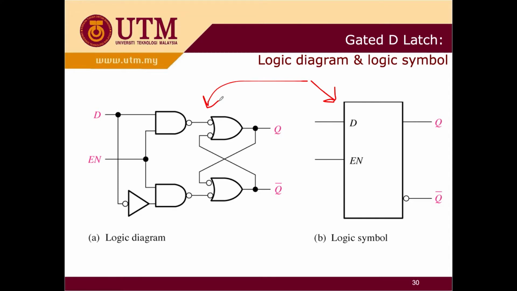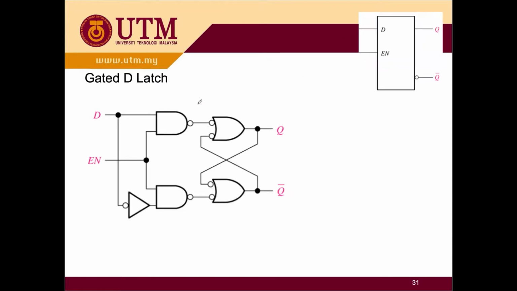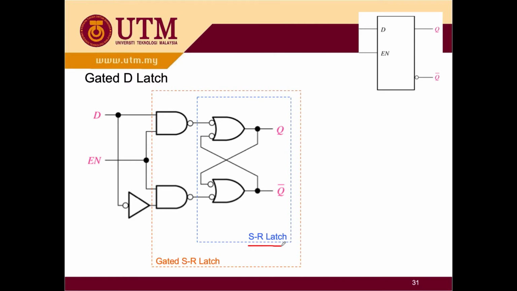The D latch or gate D latch is the combination of your SR latch and your gate SR latch over here. But when you add another NOT gate over here, you get the D latch. So what is different is you have one input D and another input, your enable input.